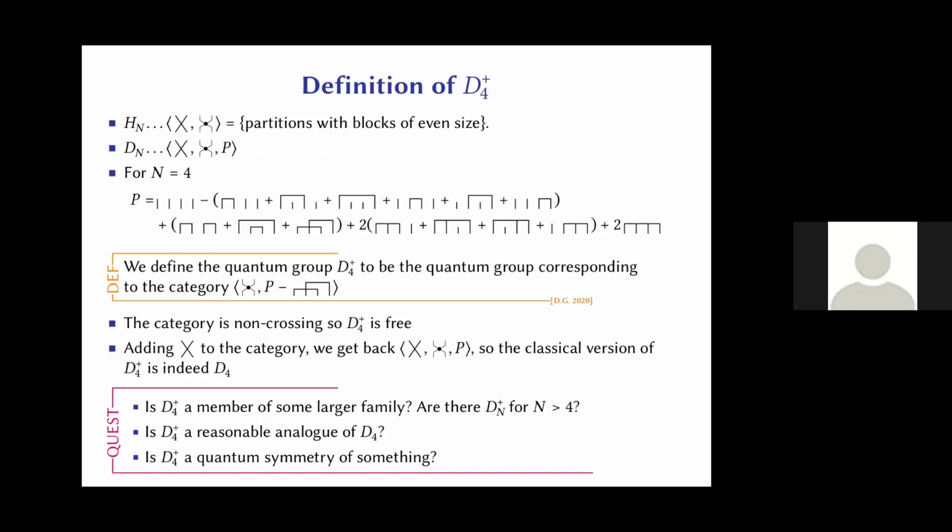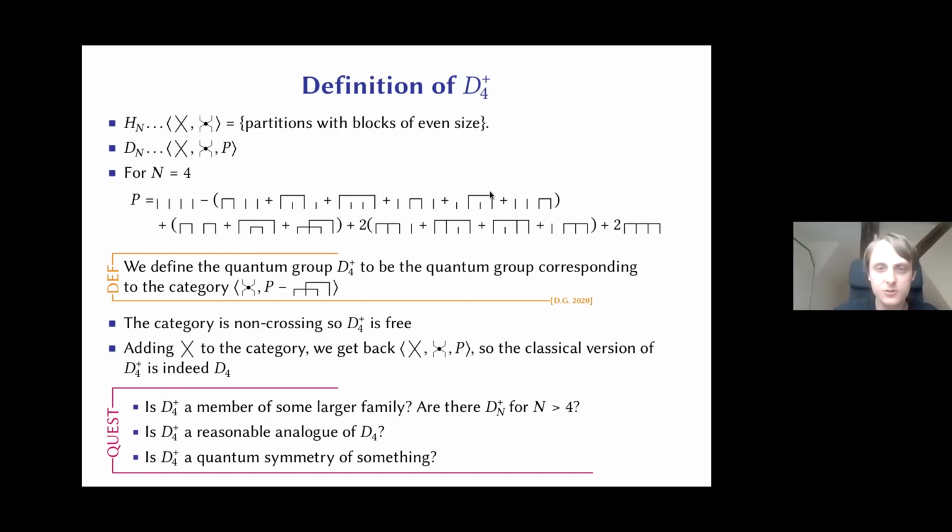Okay, thank you. So I guess this is maybe already interesting for itself, and some questions arise now, which are open questions. Everybody is invited to think about them. First of all, is D4 plus a member of some larger family? Are there Dn pluses for n larger than 4? That's exactly the question that was asked here.